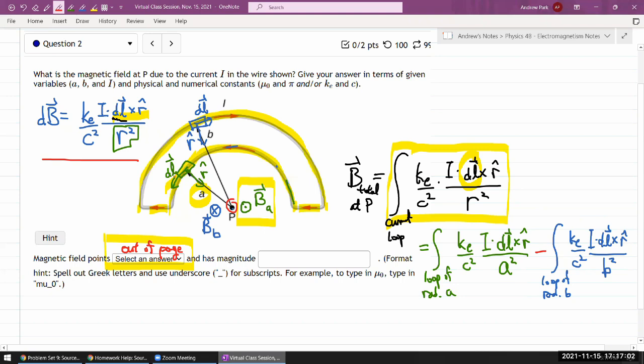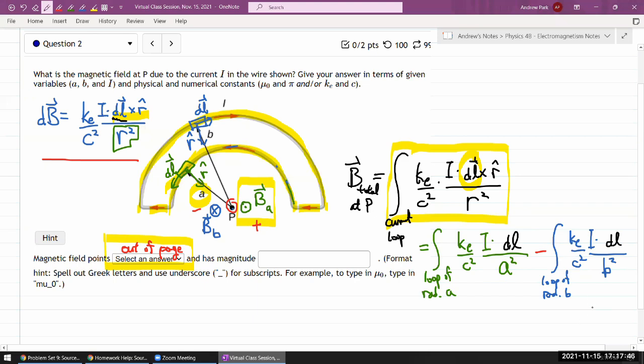And here it's nice because dl cross r hat is always perpendicular to the screen, so I can describe that as either positive or negative. With those in mind, if we agree that these expressions are going to be the scalar indicating the magnitude, then dl cross r hat is just dl, because that's the only quantity there that's not a unit vector. r hat is a unit vector, length 1. And same thing with the second expression. This dl cross r hat is just dl, the length integral.